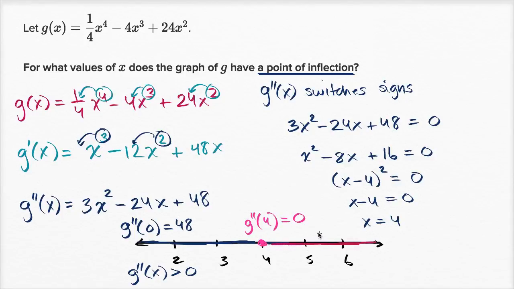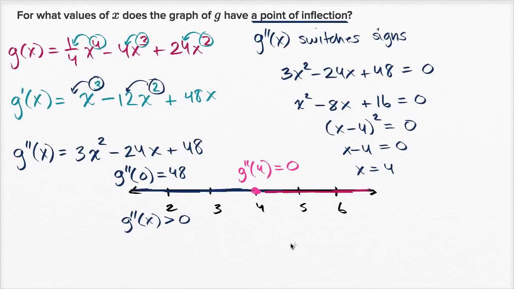What would be an easy thing to evaluate? Why don't I do the second derivative, g prime prime, of 10. I'm running a little bit out of space, so I'll just scroll down.